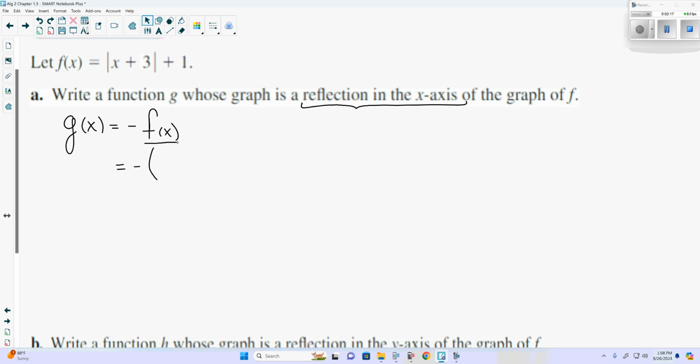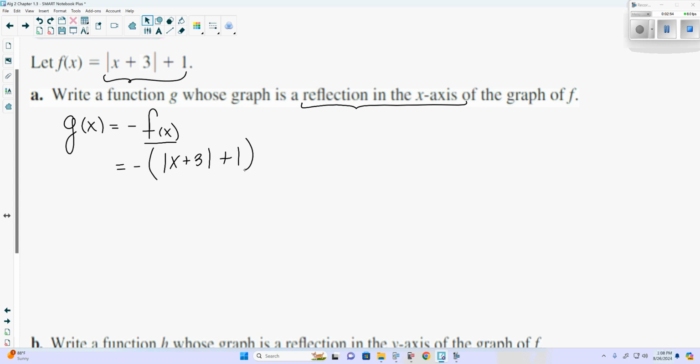So our f of x is going to be replaced with our absolute value of x plus 3, absolute value of x plus 3 plus 1. Questions on this so far?